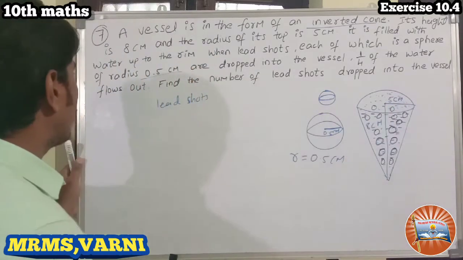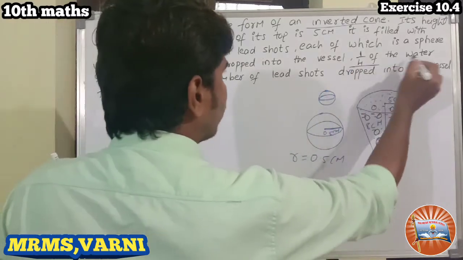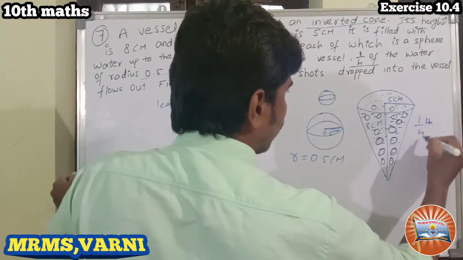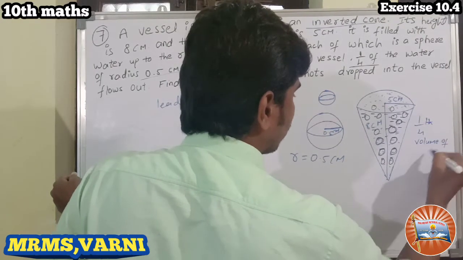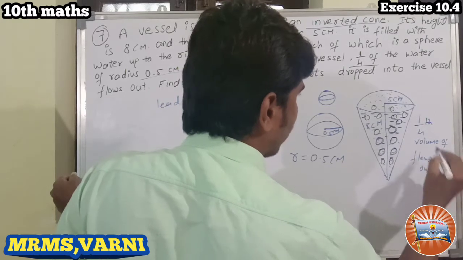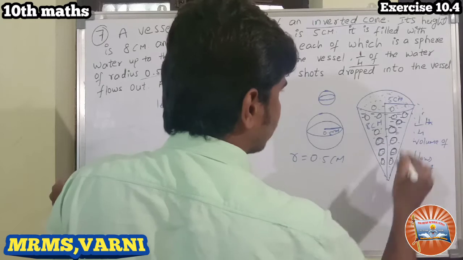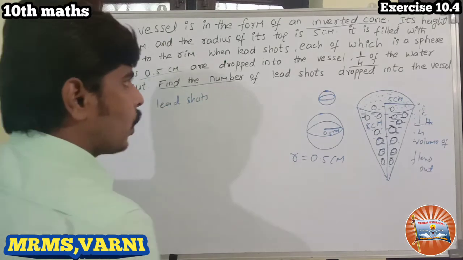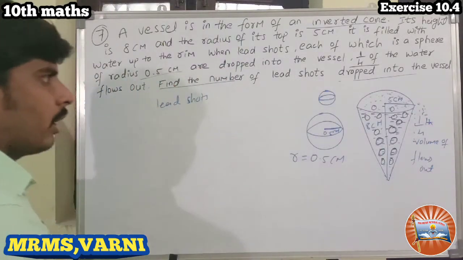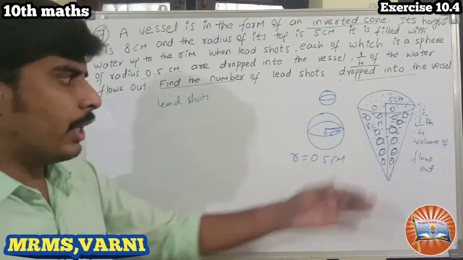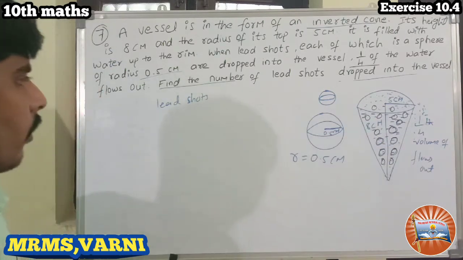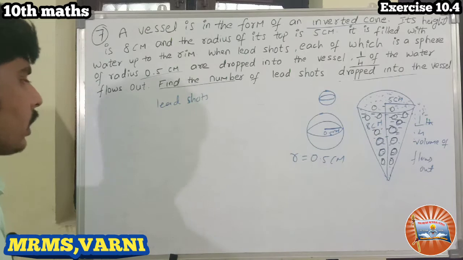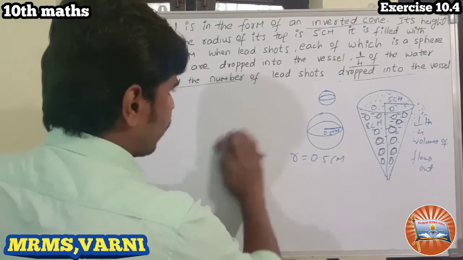How much water flows out here? 1 by 4 volume of water flows out here. What we have to find is the number of lead shots dropped into the vessel. We have to find the number of lead shots using this information, right?